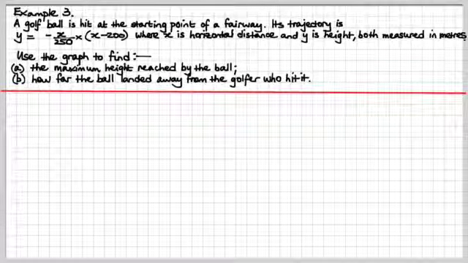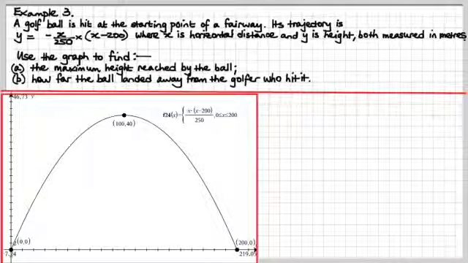Well, we'll get a graph first. Lovely looking graph. Now let's just feast our eyes upon this and work it all out. This is y, so this is the height. This is x, so this is the horizontal distance along the grass, from where he or she hit the ball. Now, this point here is the origin, 0 and 0.